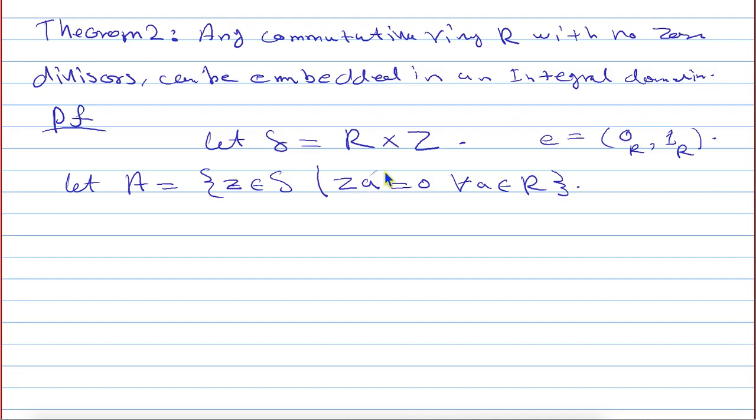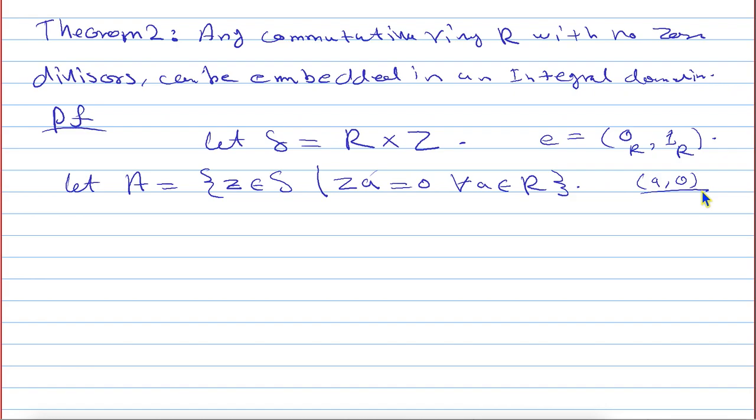So this element a here is in fact the ordered pair (a, 0) when viewed inside S. This set is called the annihilator of R in S. So it annihilates all the elements of R, making them all 0.